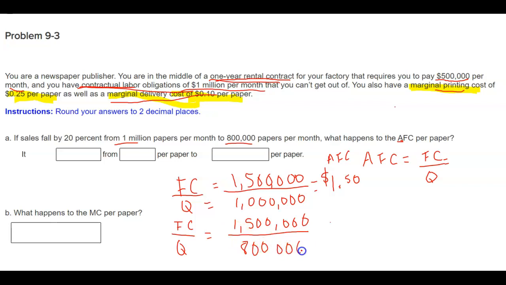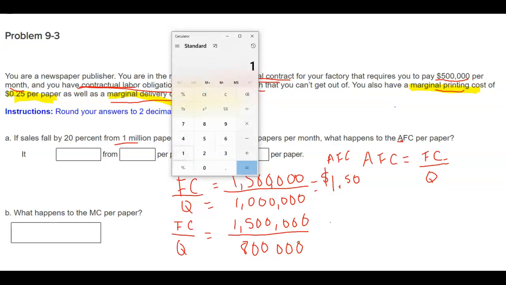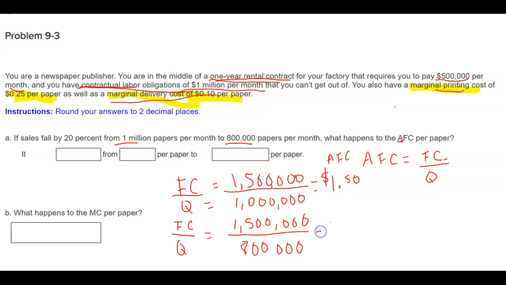Okay, so we're going to take 1,500,000 divided by 800,000, and that's going to give us $1.88 average fixed cost. Now we can answer the question.